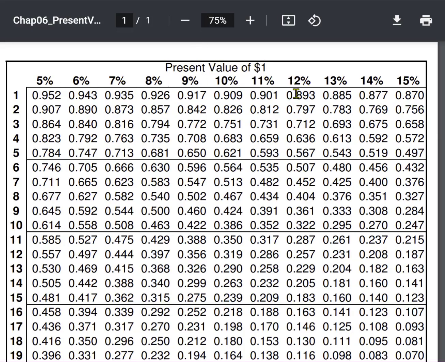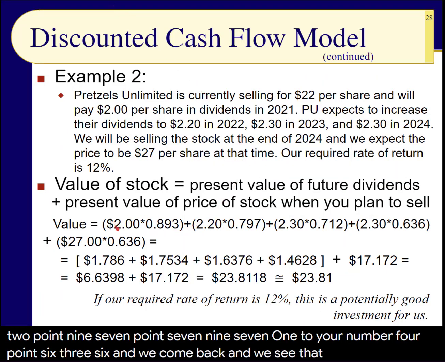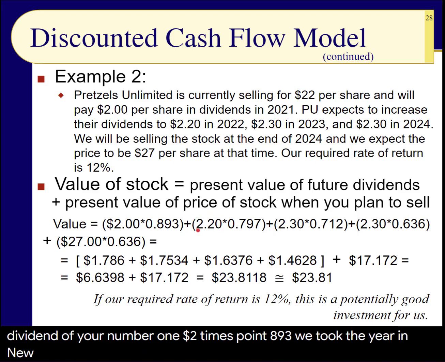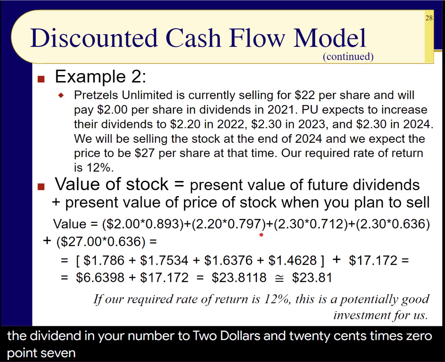I'm going to run on over to the present value table that's on the class website and run on over to 12%. So there's the present value multiplier for year number 1, 0.893, for year number 2, 0.797, my apologies. Year number 3, 0.712, year number 4, 0.636, and we come back and we see that we took the dividend in year number 1, $2 times 0.893. We took the dividend in year number 2, $2.20 times 0.797.